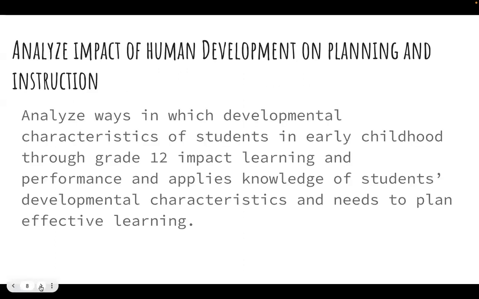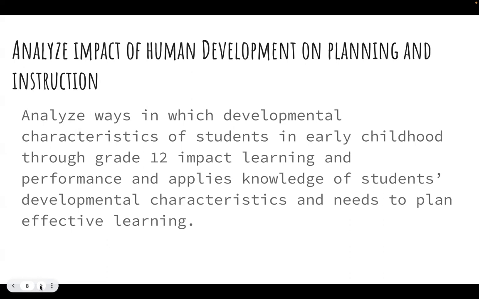Okay, so part of competency 1, which again is about human development, is you analyzing the impact of human development on your planning and instruction. So you should think all the time about ways in which the particular developmental characteristics of your students impact learning and performance, and apply your knowledge of your students to plan effective learning.